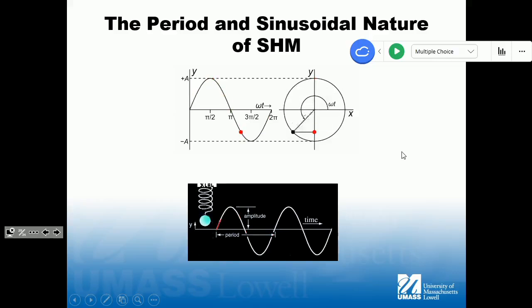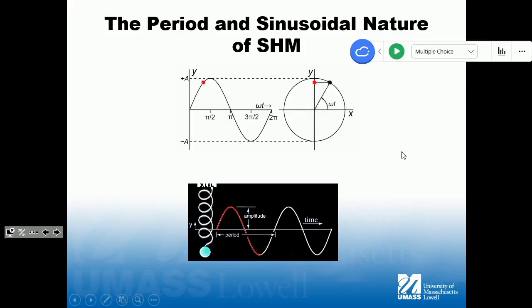What this is telling you is that if I were to just look at an object moving in a circle and just look at one of its components, either the x component or the y component, just how its x position is changing as it moves in a circle, or in this case, how its y position is changing. So in order to understand this curve, look at the circle on the right, which is being described.